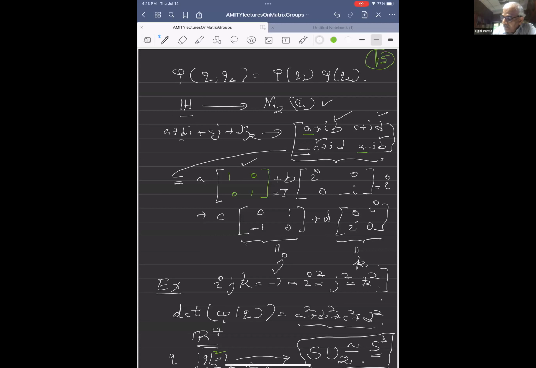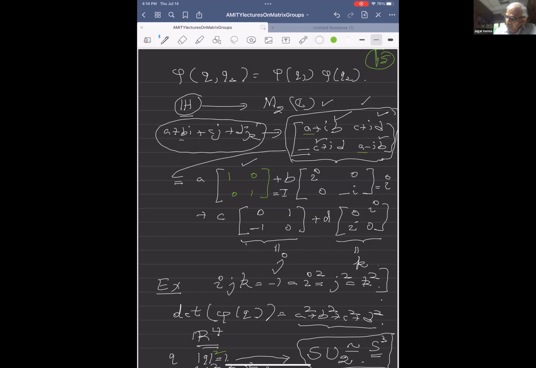This K matrix has determinant 1, and these are orthogonal matrices. So every matrix which comes from a non-zero quaternion becomes a linear combination of these 4 matrices in SU2. And every matrix in SU2 comes from such a non-zero quaternion. So the algebra of quaternions is isomorphic to the algebra of such matrices.